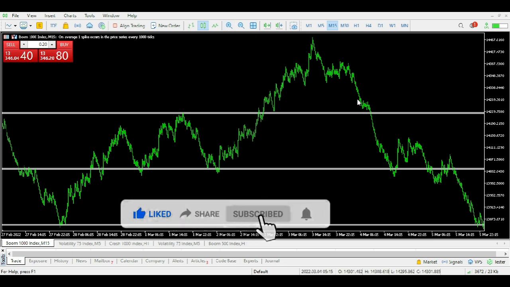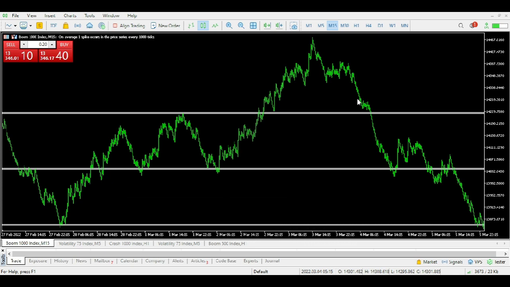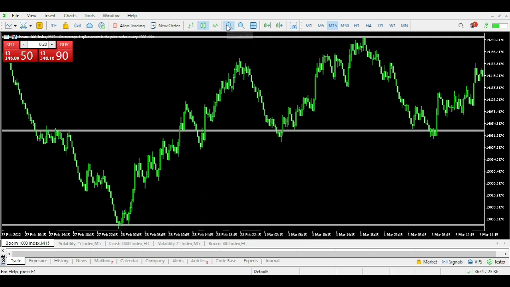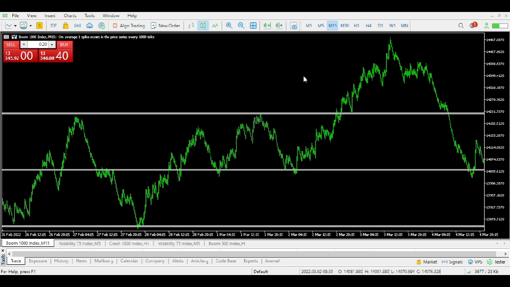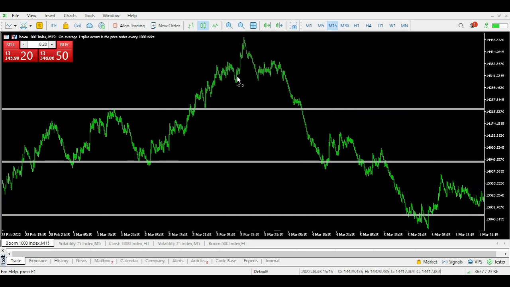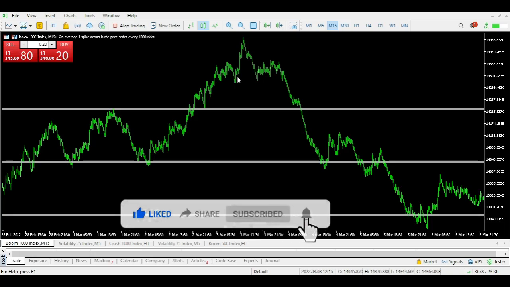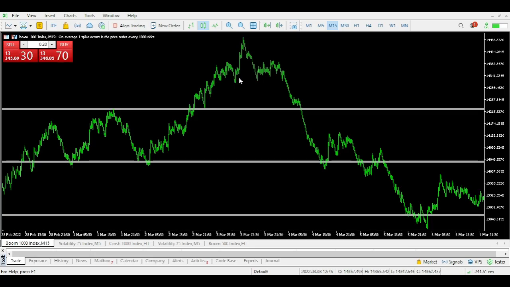So we want to see if we can create a robot that can potentially trade boom. Let's not try to get ahead of ourselves and create a robot that trades boom and crash at the same time. Of course, with a few tweaks, you can easily achieve that. For now, we just want to trade boom.